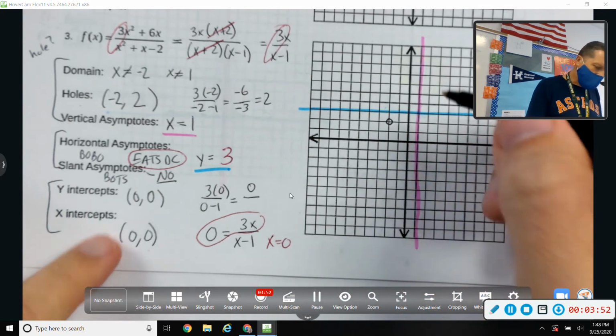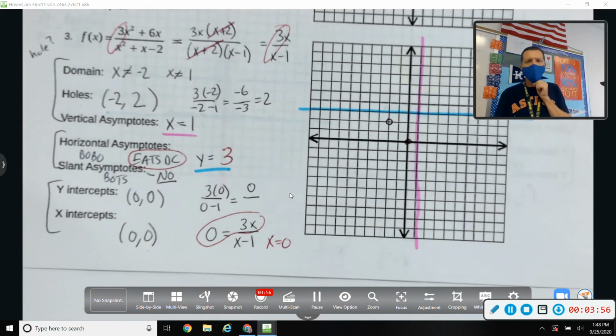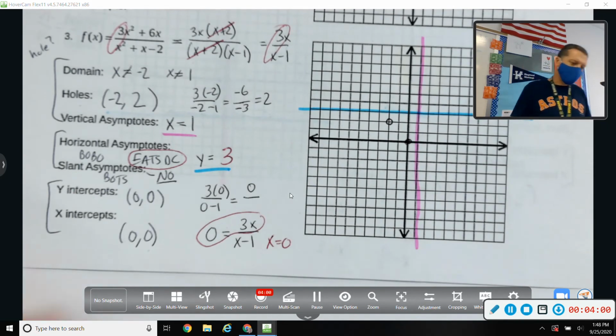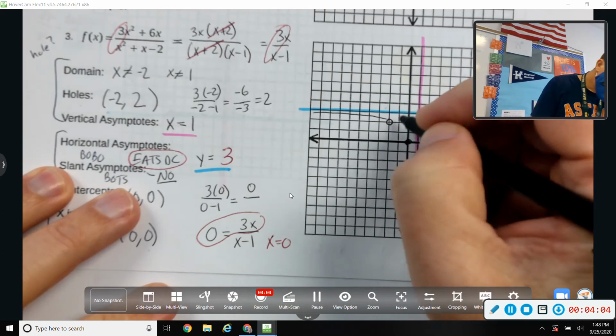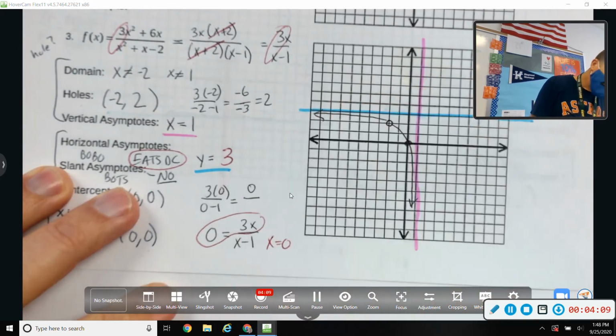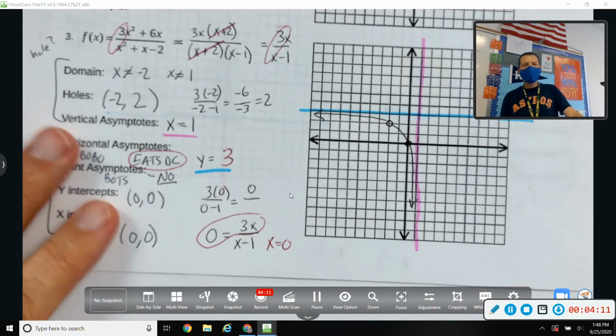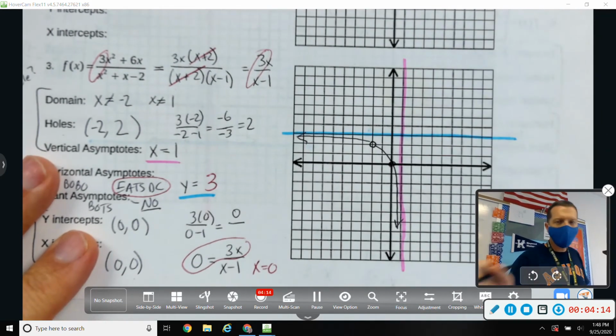And our intercept, 0, 0. I feel really good about the left-hand side of this graph. I got 2 points to work with. The right-hand side, I have nothing, so I definitely need to do a table of values for that side.